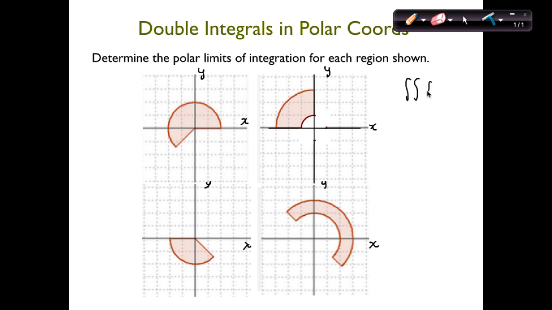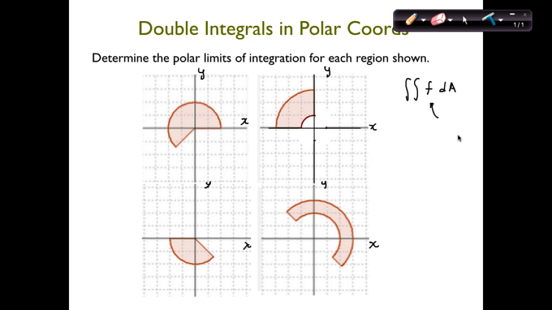So double integral f dA. How does f relate to what we're looking at in these pictures? That's for the function in 3D, and this is just for the region.